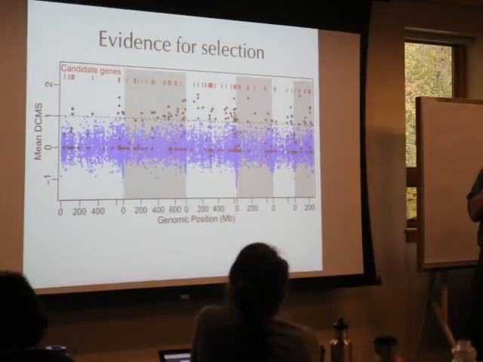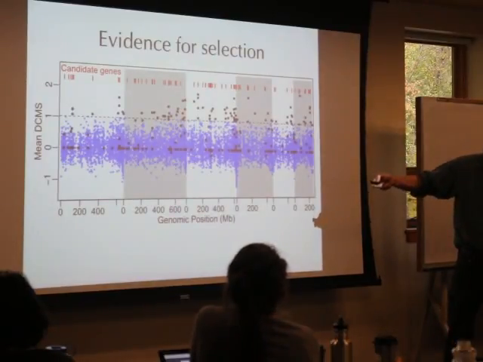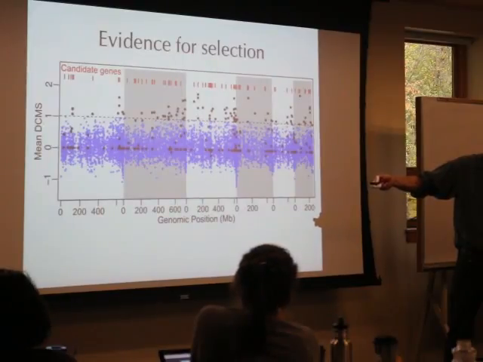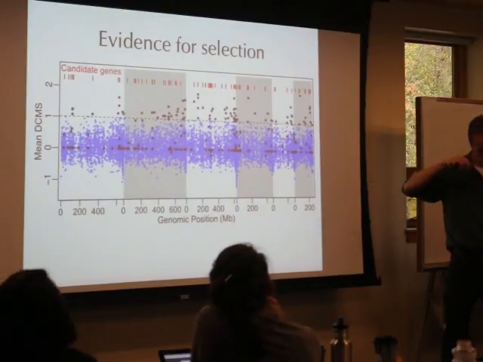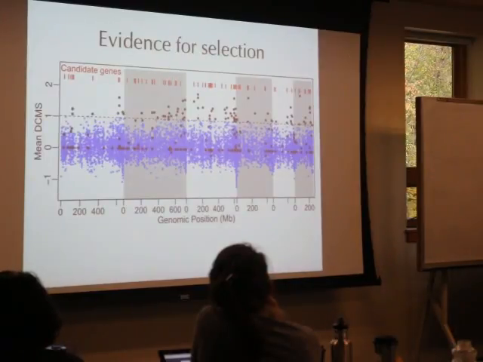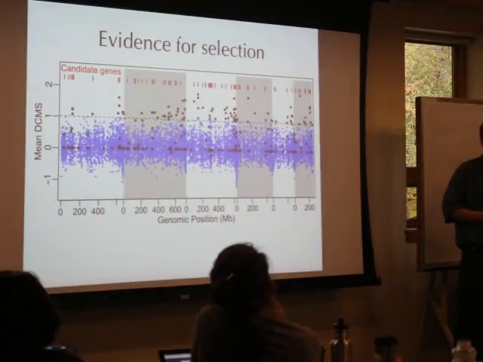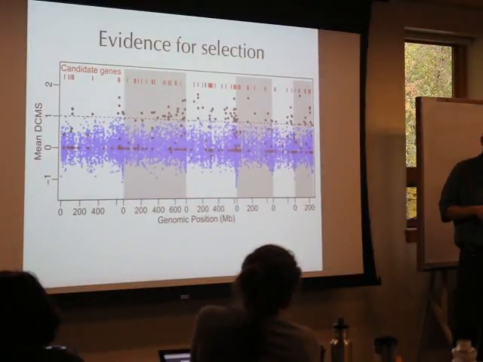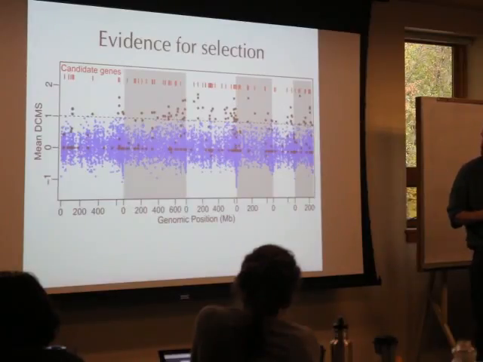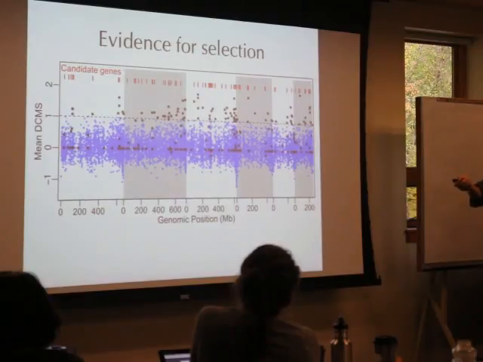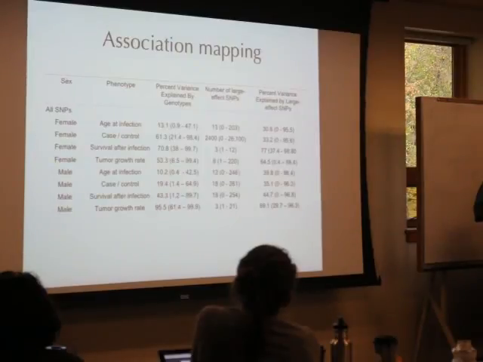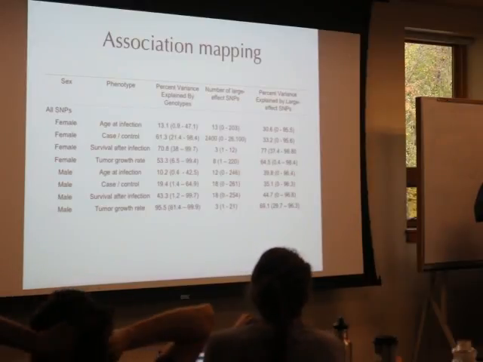I'll just show you some of these results here. This is testing for selection. DCMS stands for decorrelated composite of multiple signals. It's just a way of taking these multiple statistics from multiple populations and combining them in some statistical way. There's a bunch of what seem to be significant SNPs and potential candidate genes associated with those. Like I said, we're also able to do association mapping with these 4 phenotypes.